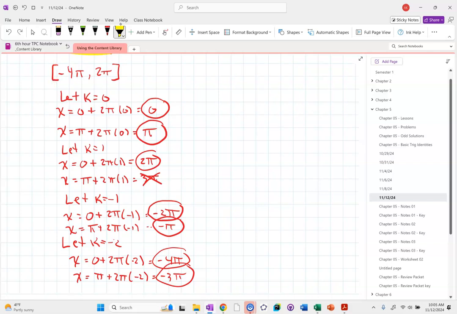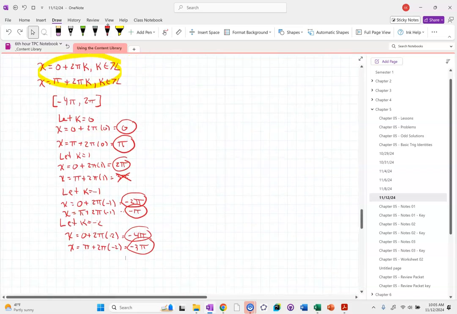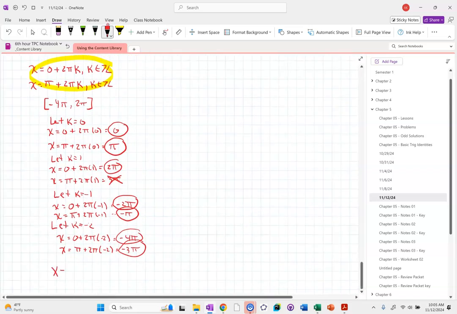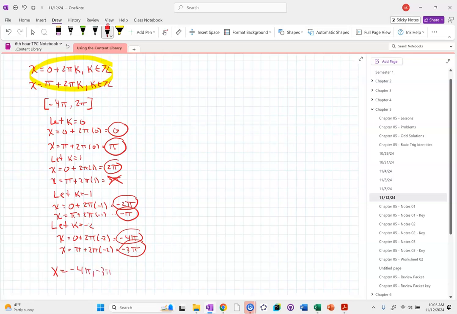And if I go smaller again, guess what's going to happen? They're both going to be too small, right? So I've exhausted all the solutions on this side. So I have negative 4 pi, negative 3 pi, negative 2 pi, negative pi, 0, pi, and 2 pi.